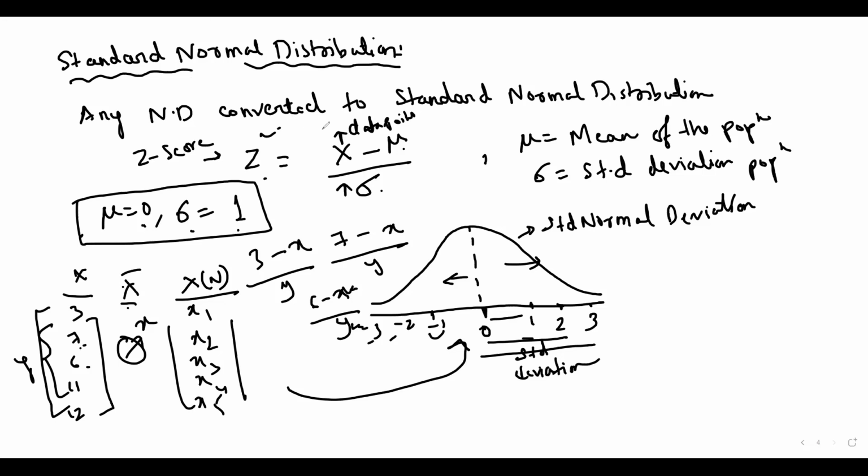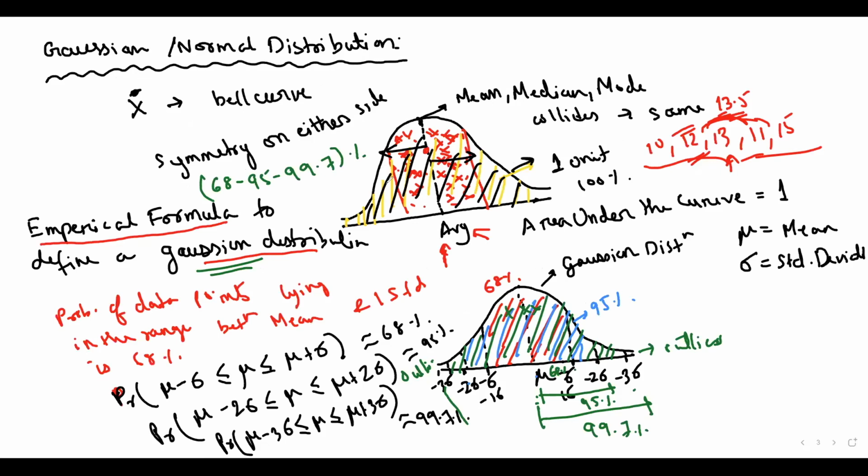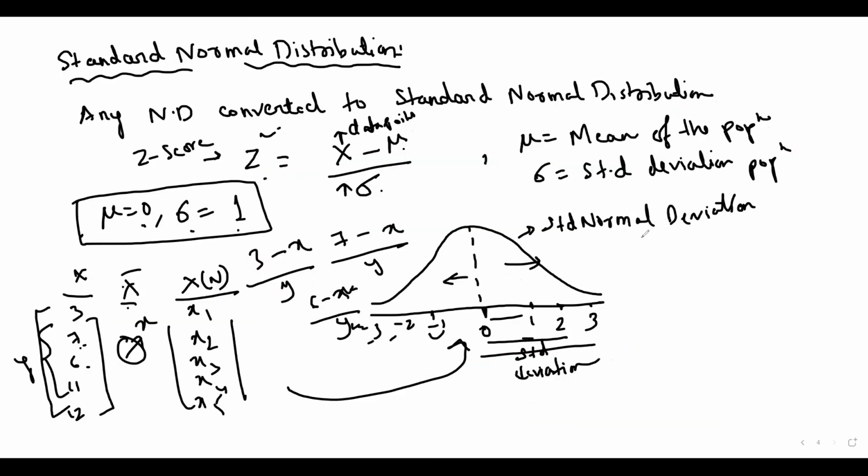This is what actually is standard normal distribution. Now the question that you may ask is why we require standard normal distribution. We already have a normal distribution and it's working fine. So what's the urge of having standard normal distribution? Why do we need it? The answer is very simple. The first point is we want to know how much area one particular point covers in a particular distribution.